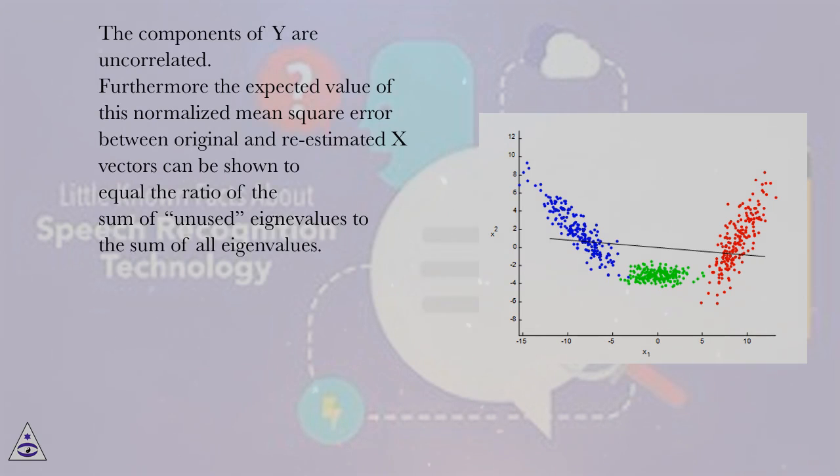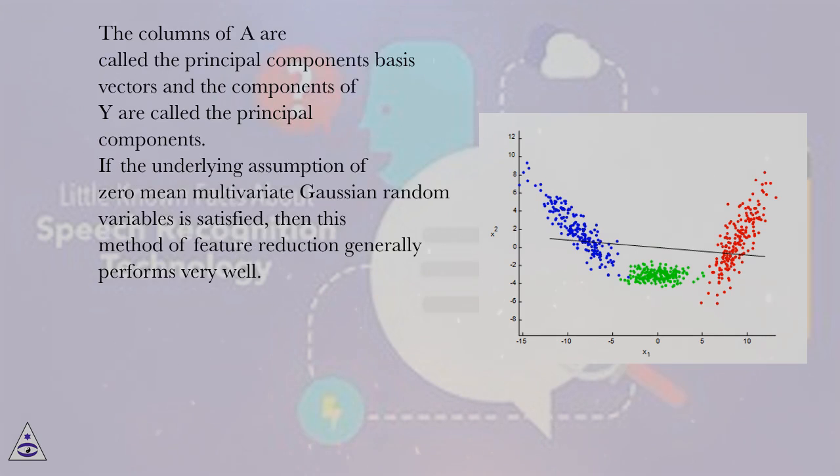Furthermore, the expected value of the normalized mean square error between original and re-estimated x vectors can be shown to equal the ratio of the sum of unused eigenvalues to the sum of all eigenvalues. The columns of A are called the principal components basis vectors and the components of y are called the principal components. If the underlying assumption of zero mean multivariate Gaussian random variables is satisfied, then this method of feature reduction generally performs very well.